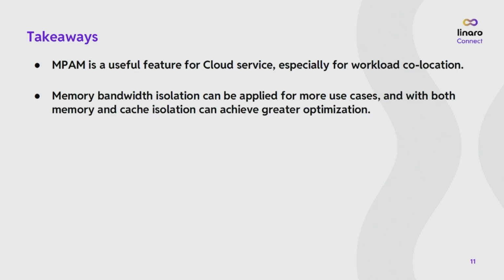Okay, here's the final slide. MPAM is really a useful feature for cloud service, especially for workload co-location. And the second one is that for real use cases, the memory bandwidth isolation can be applied to more use cases, which means it is more useful, especially for the cloud service.